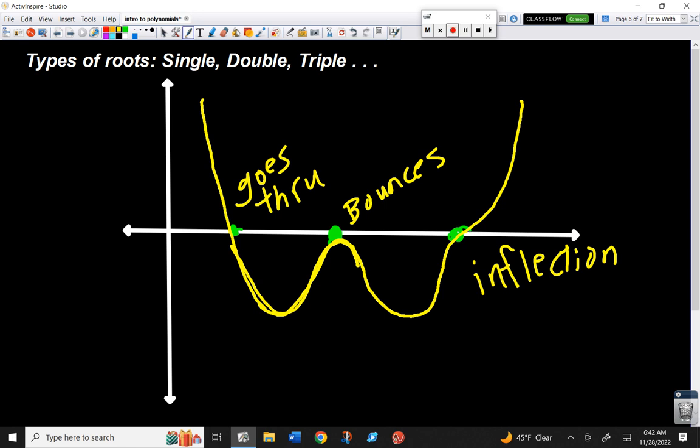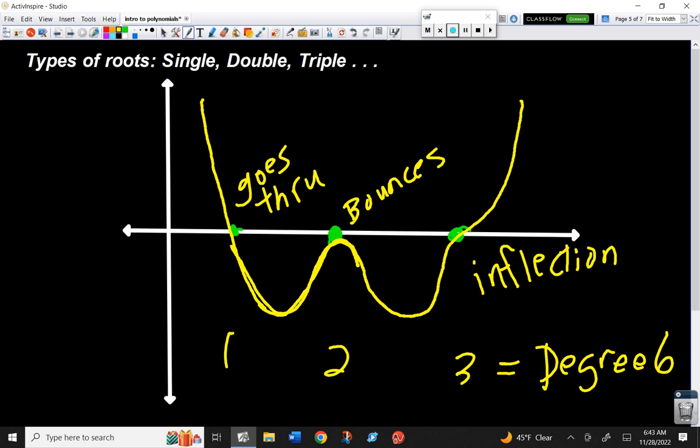An inflection through a triple root, quintuple root, septuple root, any multiple that's an odd multiple other than 1. And by the way, since this has a single root, a double root, and a triple root, if you add all those together, this has a degree 6. And that's another thing. A degree 6 polynomial. Okay, so this is what degree 6 polynomials could look like.